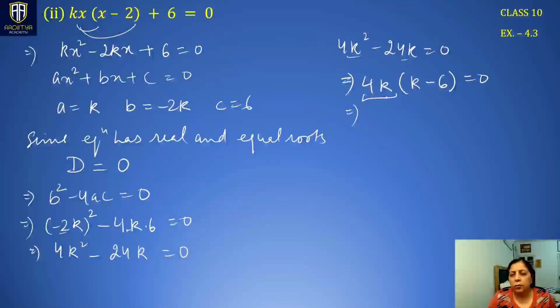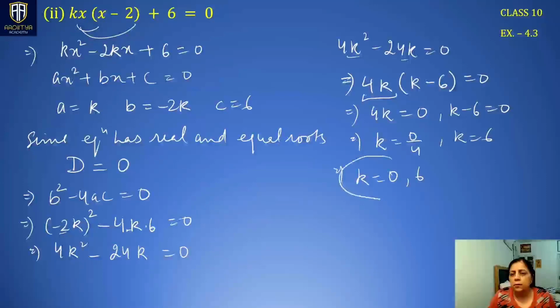One factor is 4k, other factor is k minus 6. Equating both of them to 0, we get this. So it implies that k is equal to 0 by 4 or k is equal to 6. That means k is either 0 or k is 6. Right?